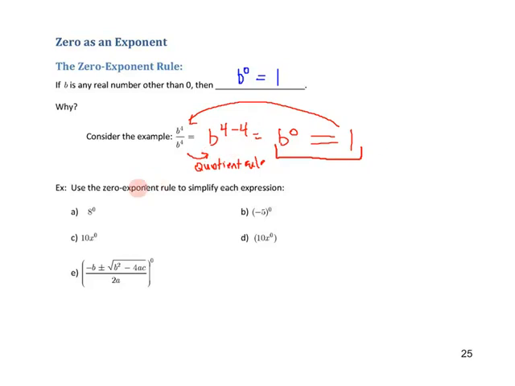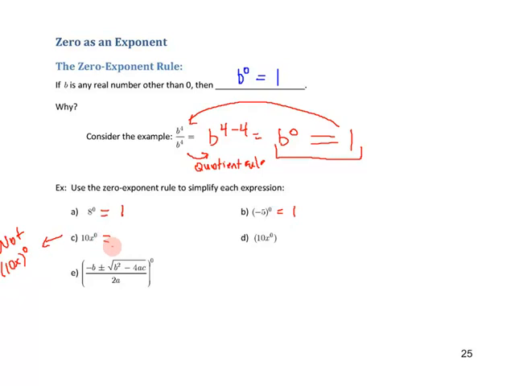So here's some easy questions down here to answer. What's 8 to the 0? 1. What's negative 5 to the 0? 1. What's 10x to the 0? Now note, that is not the same thing as this. 10x all to the 0 would be 1.